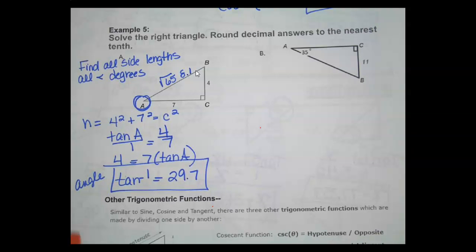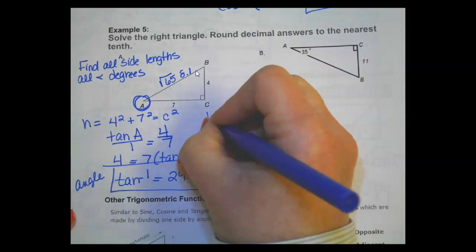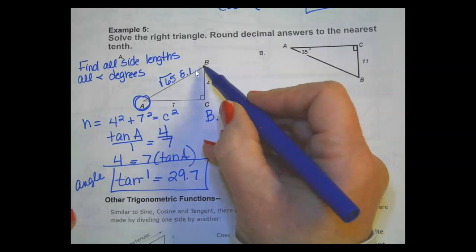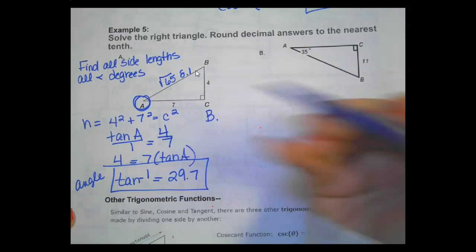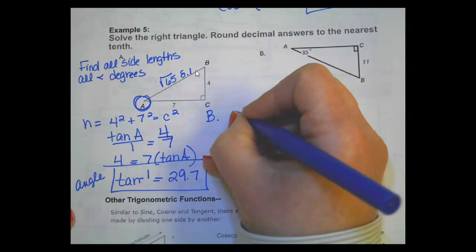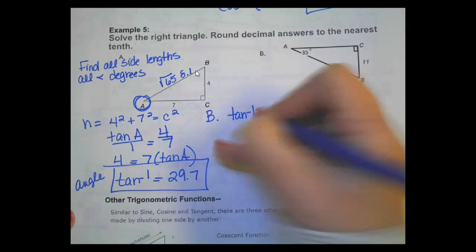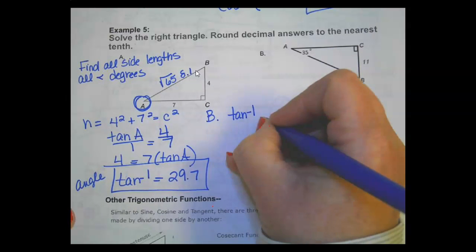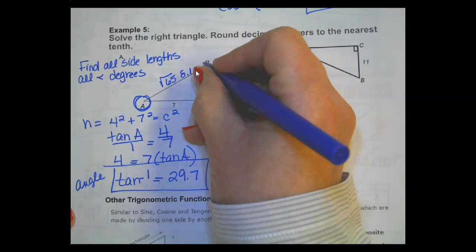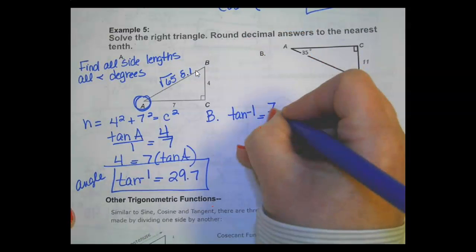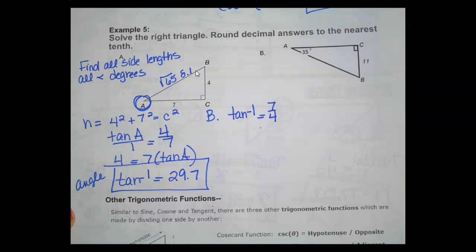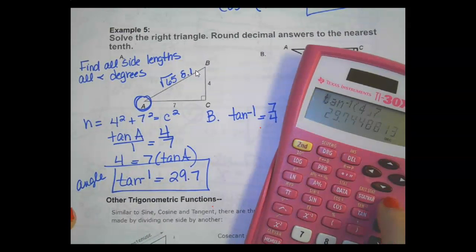Then we're going to find B. So to find B, what do we have? Again, you could do tangent because we have opposite adjacent. So let's do tangent again. So the inverse, since we're finding that angle, and that ratio opposite from B is 7 over 4. So remember, it's kind of like that reciprocal. So let's do that again.